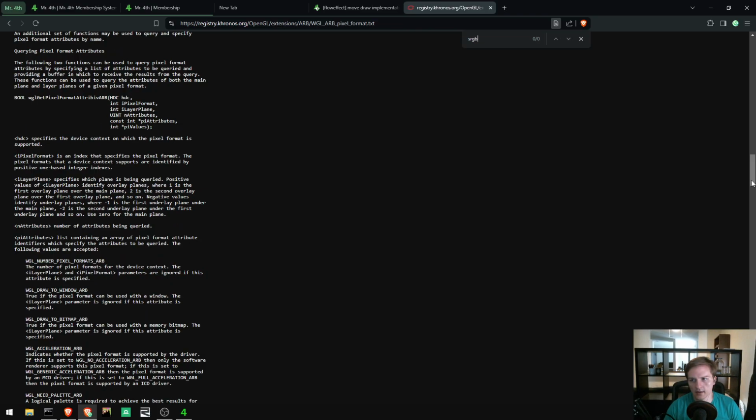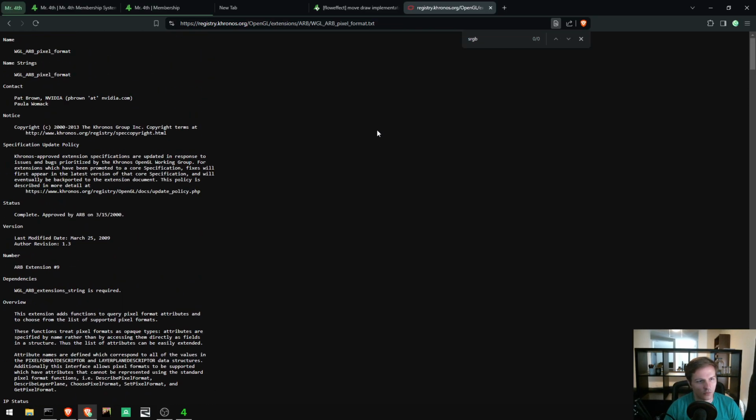I'm not seeing any sign here that I can create an sRGB window, like pixel format, which is interesting.